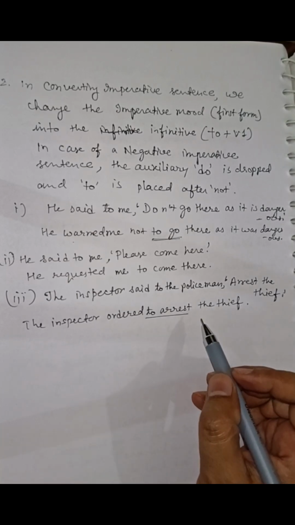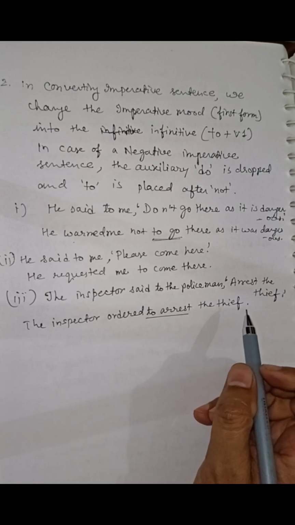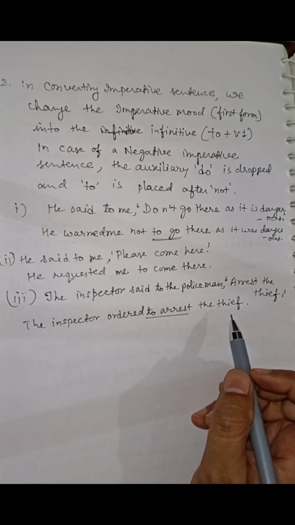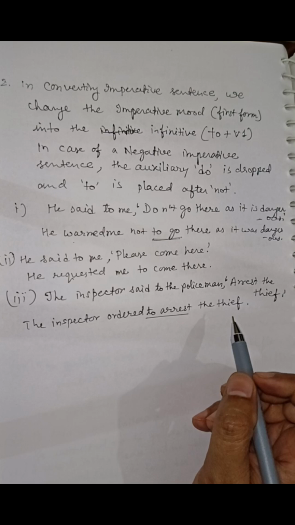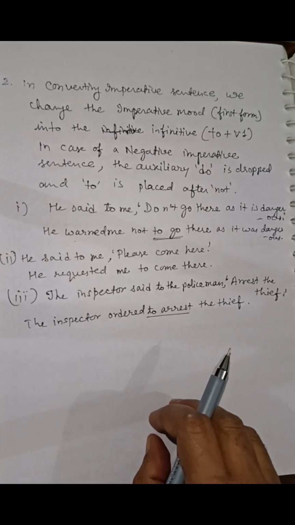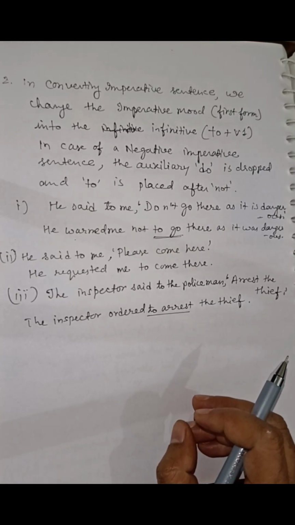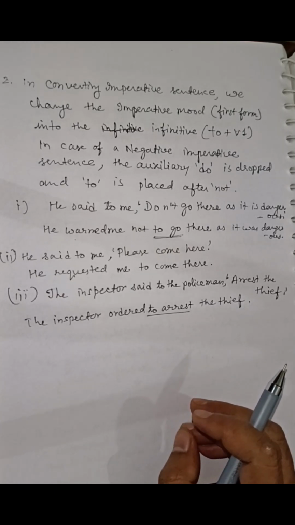Normally we've seen children making errors in this. What they do, they change the verb form. When we are using infinitive, we have to use verb's first form. Okay, infinitive form is to plus verb's first form. So imperative cases are the ones in which we are supposed to use to, and remove the inverted commas.